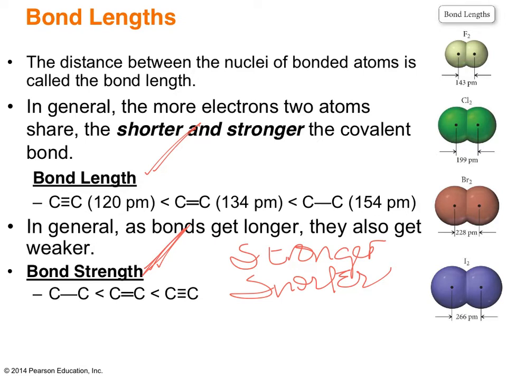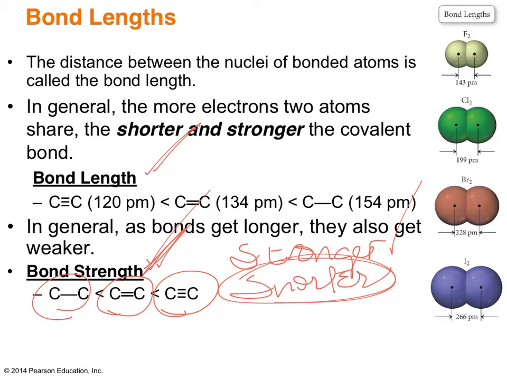If you think of two things, if they have a very, very strong attraction, they're going to get pulled together more, and the distance between them will be shorter. So bond strength, hopefully this is kind of intuitive. A triple bond is stronger than a double bond, which is stronger than a single bond.